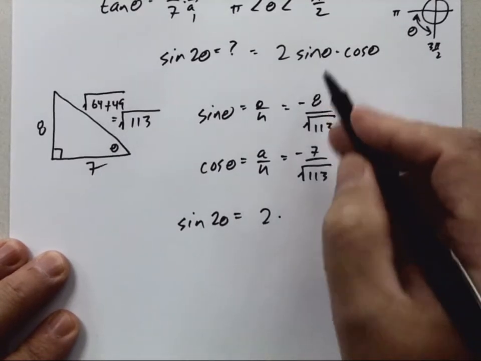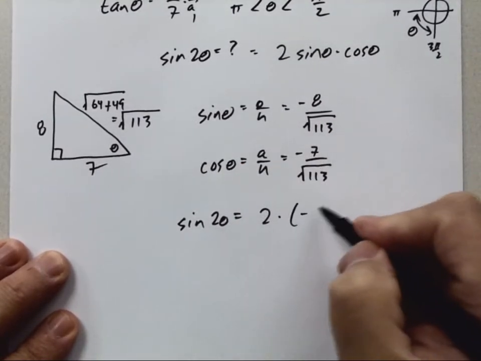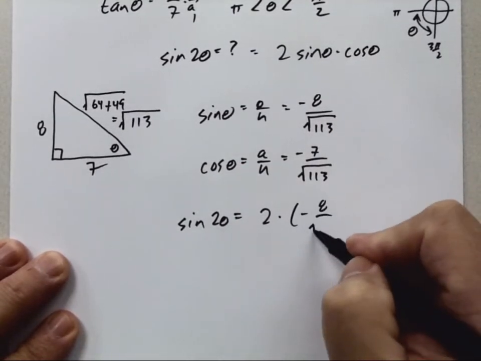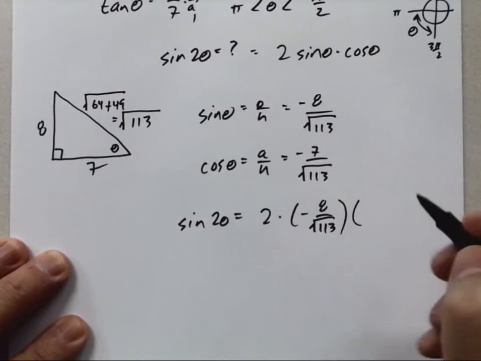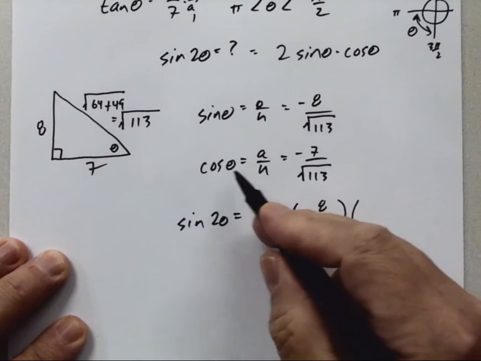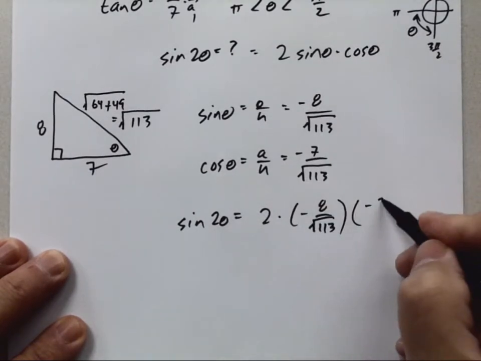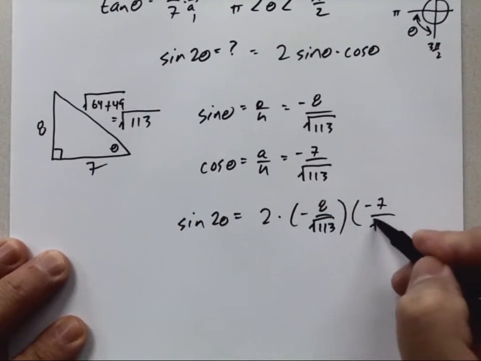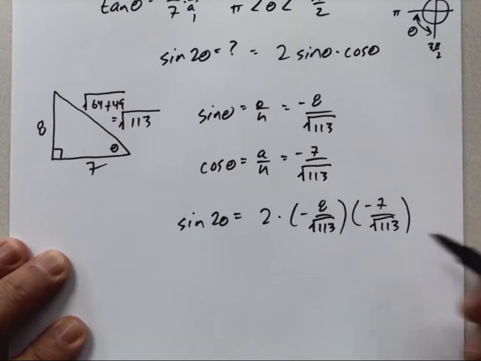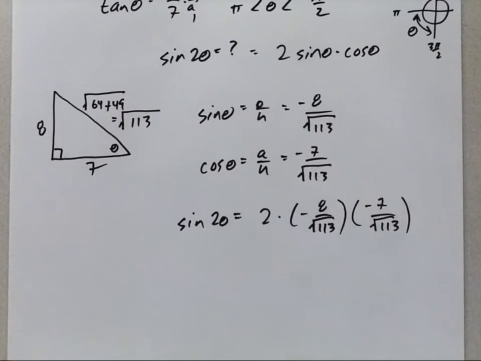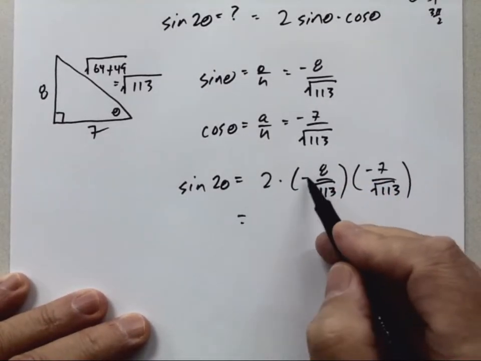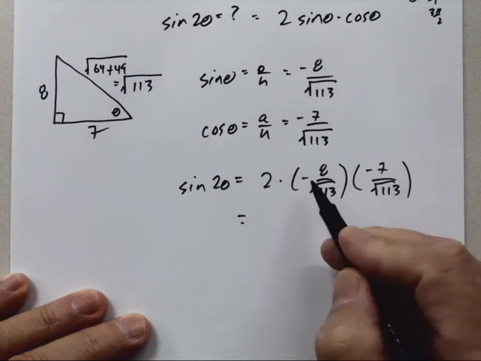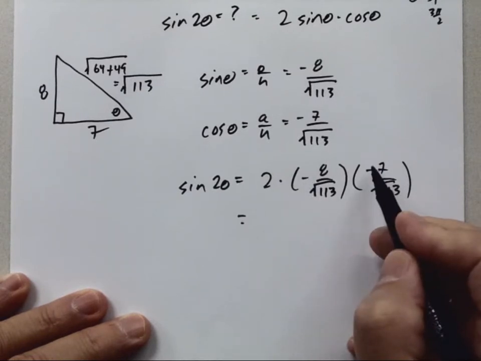2 times the sine of theta is negative 8 over square root of 113, times the cosine of theta is negative 7 over square root of 113. Now we just have to do some math. It's going to be 2 times negative 8 times negative 7. First of all, 2 negatives make a positive.